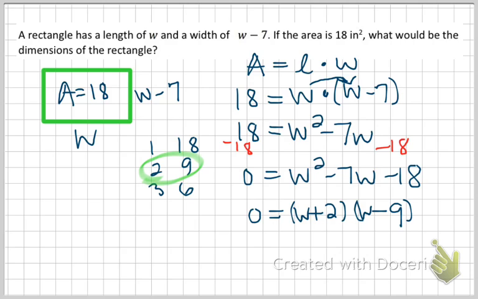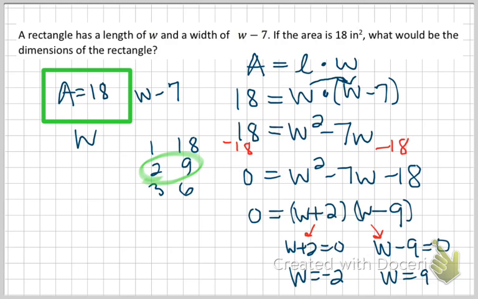Set up our two linear factors, and we have w plus 2 is 0, move the 2 over, w is negative 2. Over here we have w minus 9 is 0, move the 9 over, and that becomes a positive 9. Now this word problem is asking what are the dimensions.